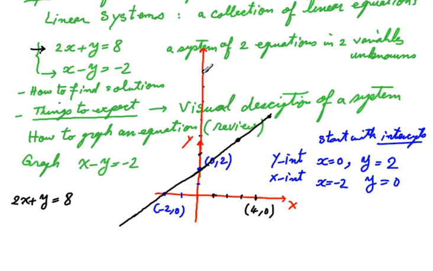So we have this. This is a graph of 2x plus y equal to 8, and this one is the graph of x minus y is equal to minus 2. Remember, we said every point of this line is a solution of this equation, and every point of that line is a solution of that equation.